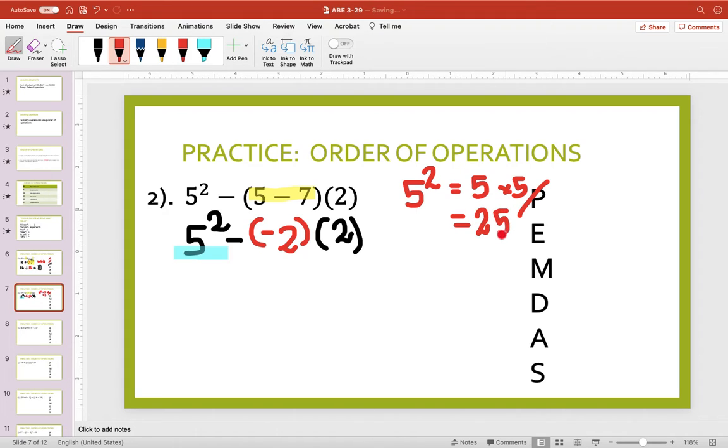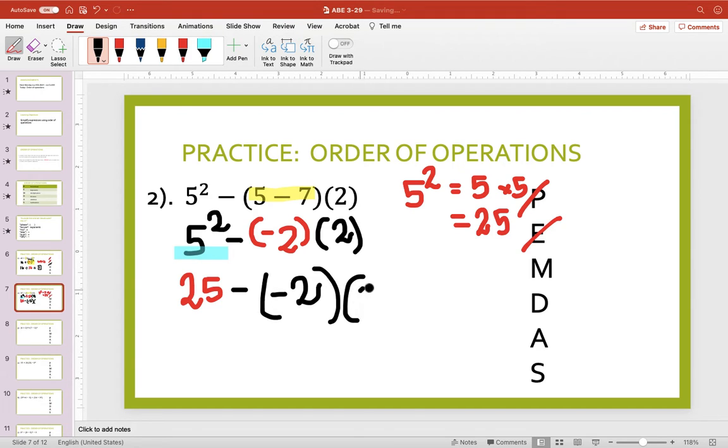So after simplifying my exponent, I now have 25 minus a negative 2 times a negative 2. Again, anytime you see two numbers with parentheses next to each other, that means it's multiplication.